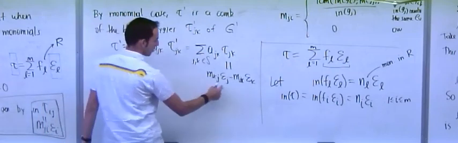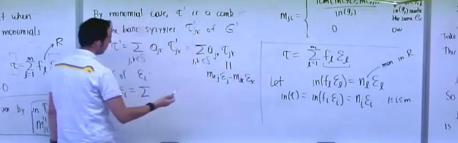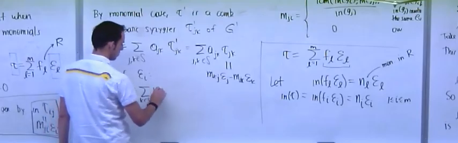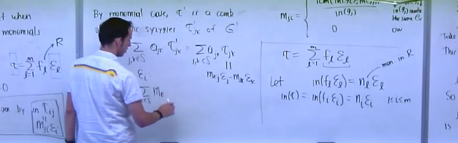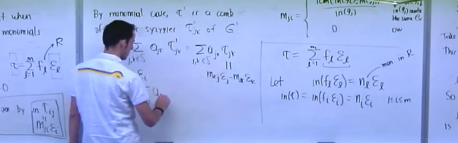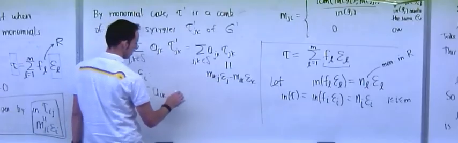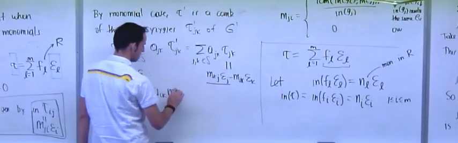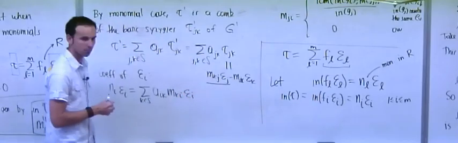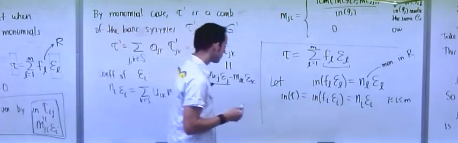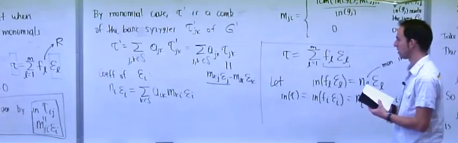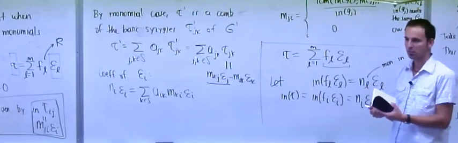So in other words, when I look at the contribution of epsilon i's that I have here, it's going to look like this. For all the k's in S, I get a_ik as the coefficient, and then m_ki epsilon i is the contribution from here. And if you look at this, we're done.